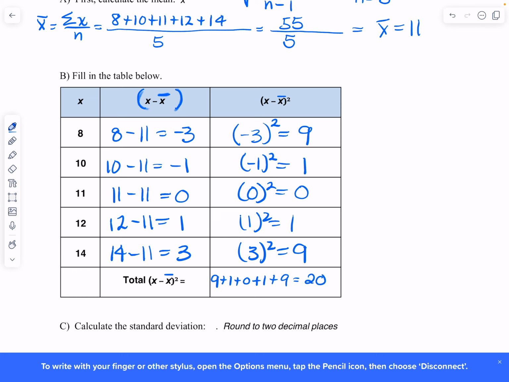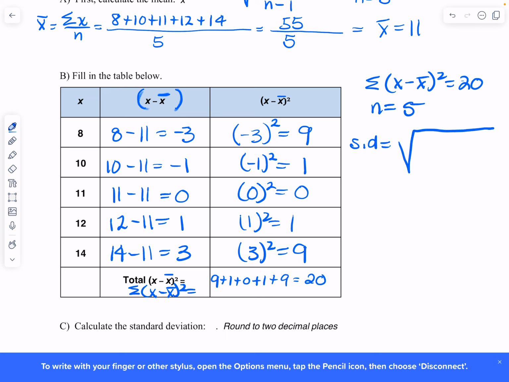All right, so I'm going to write a little note that the summation, remember the total, of x minus x bar squared equals 20. Okay, so now, because remember that n equals 5, I'm going to use the standard deviation formula. Remember, the standard deviation formula is take the square root of the sum of x minus x bar squared all over n minus 1.